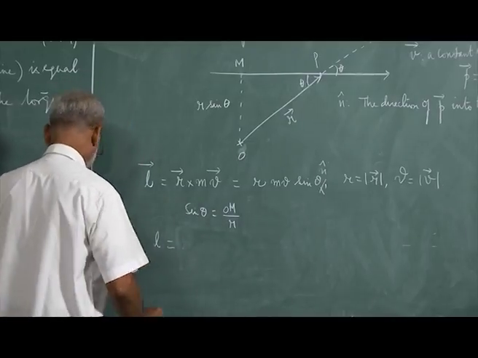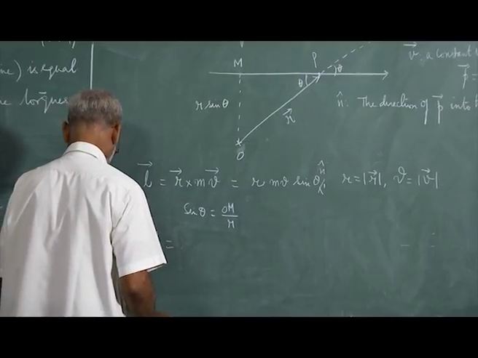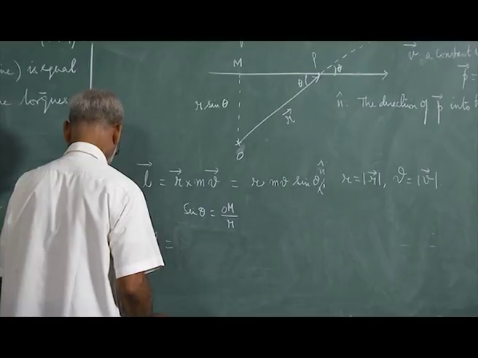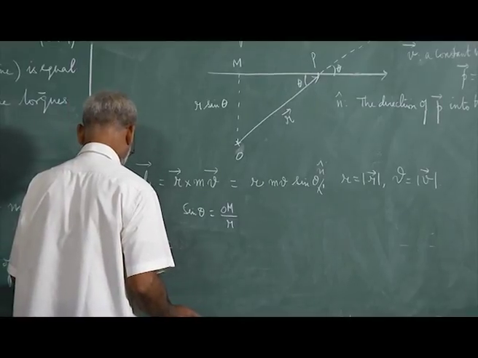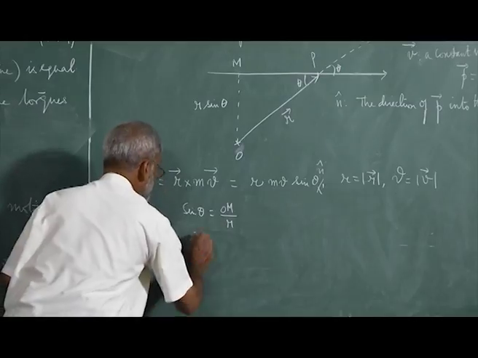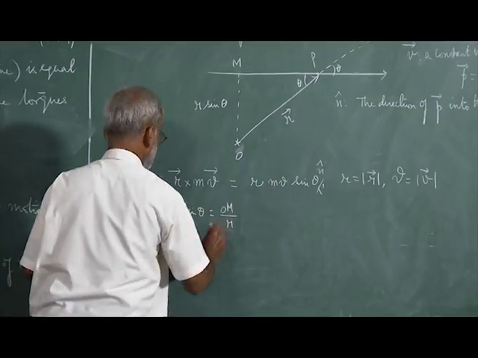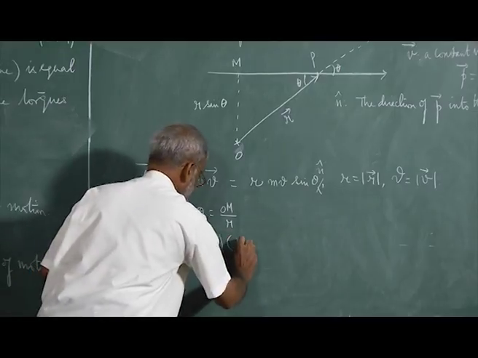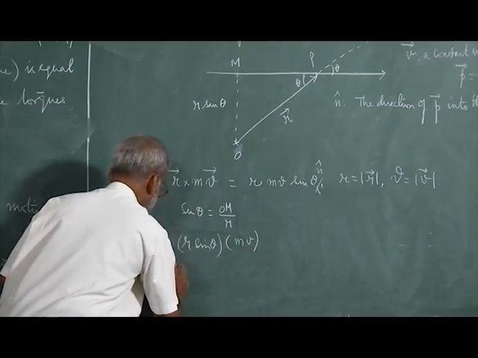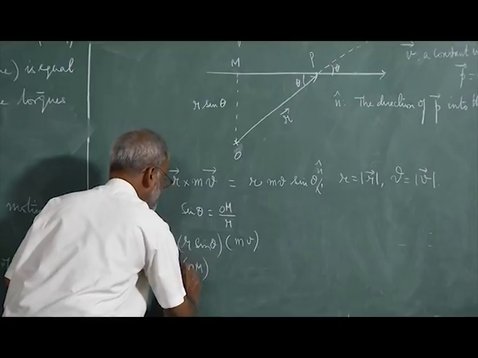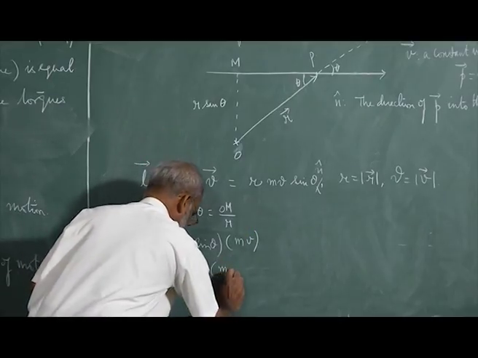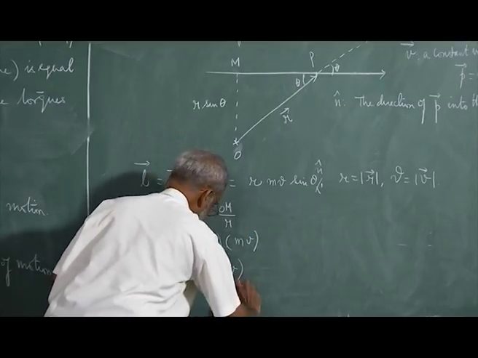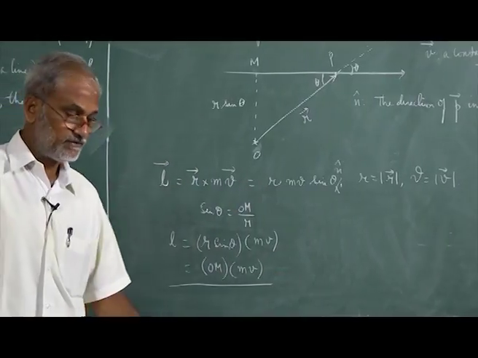So, therefore, I have L is equal to r sin theta, Om is r sin theta, yes, I will write it as r sin theta into mv, this is Om times mv. Now, we are done.